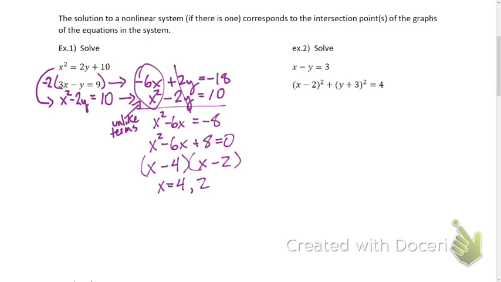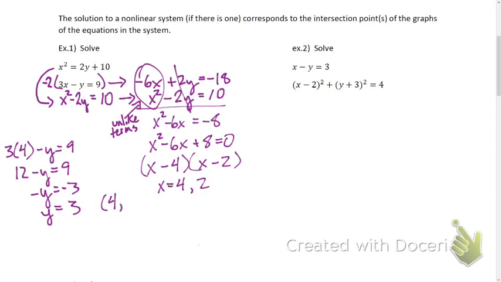So first plug in the 4. I'd plug it into the second equation, and get y. And we get positive 3. So that answer is 4, 3.